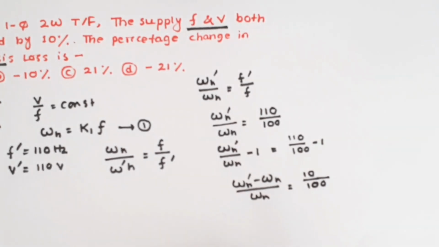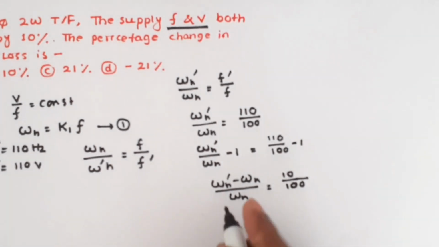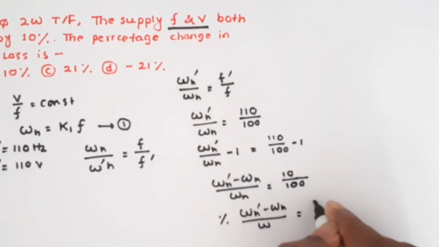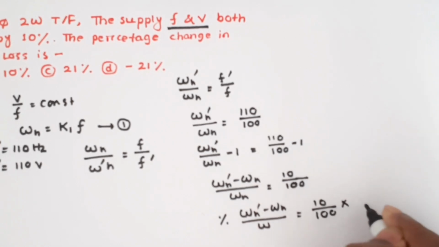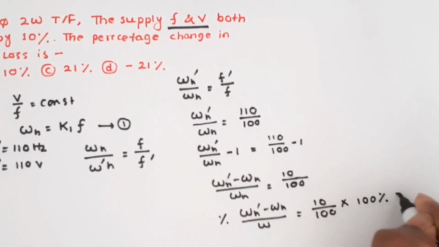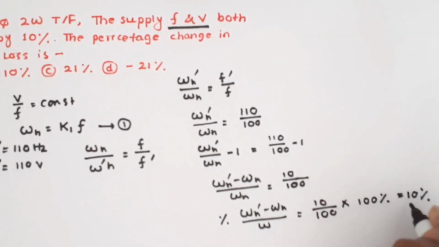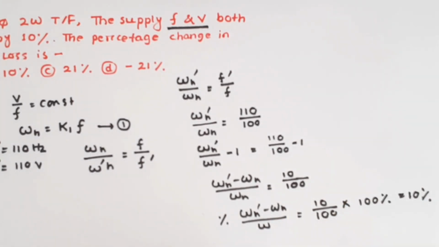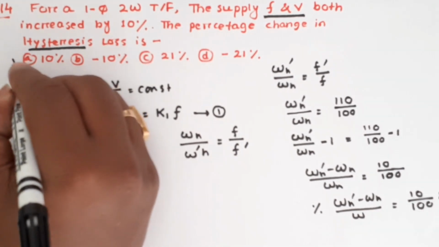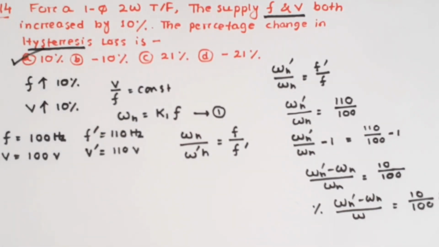Therefore, the percentage change in hysteresis loss equals 10 by 100 into 100%, that is 10% increase. Therefore, the change in hysteresis loss is plus 10%, which is the answer.